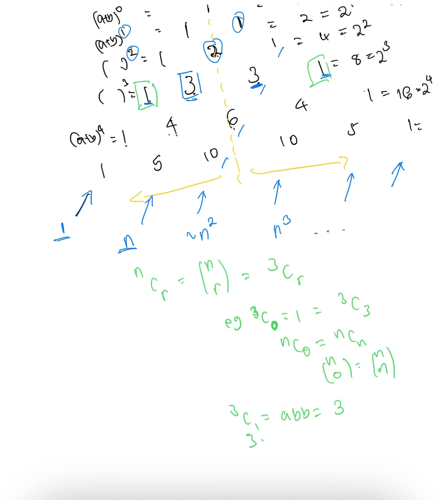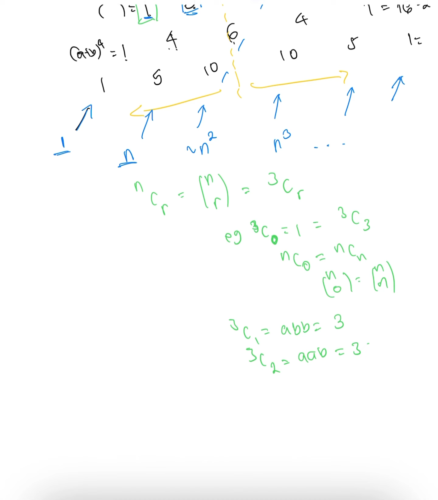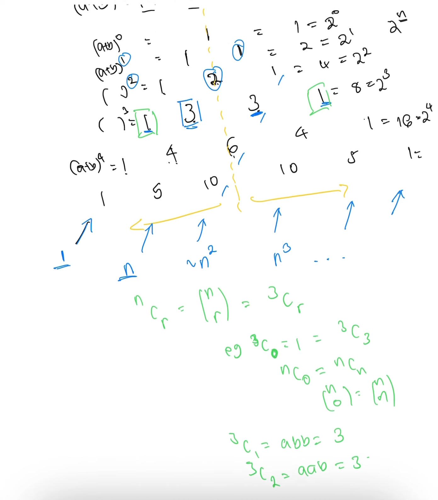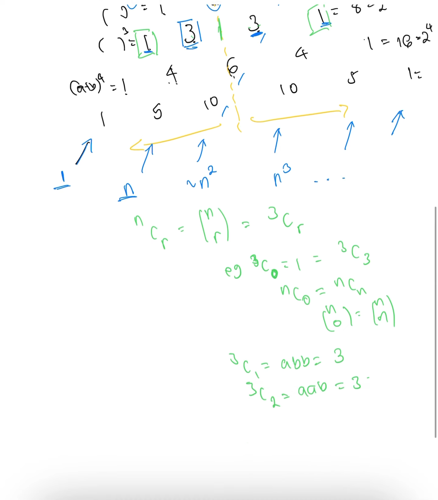But to be honest, it's the same thing as choosing 2 A's and a B, which is also 3. So these are equal in this scenario, because that's where the line of symmetry goes through. 3 is the same as 3, but it's not always that n choose 1 and n choose 2 are equal. I hope that makes sense.